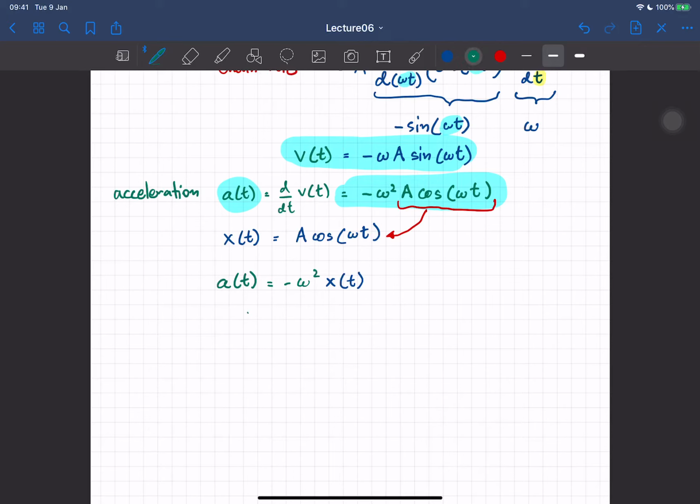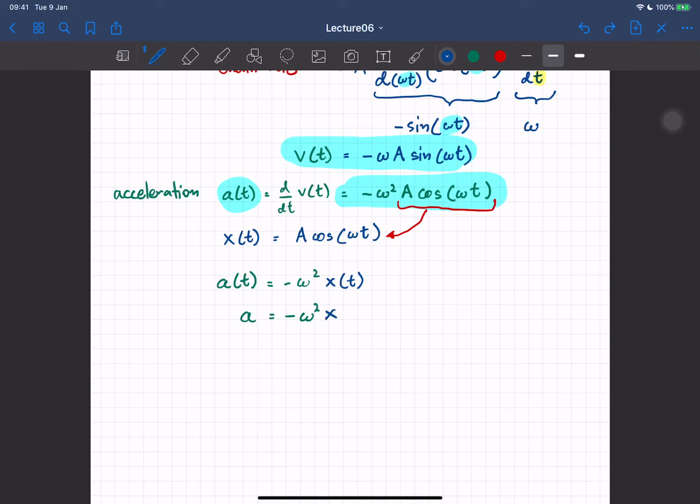So you can write a equal to minus omega square times x. And this is very important, because what it tells you is that the acceleration of the particle is proportional to the displacement with a minus sign.